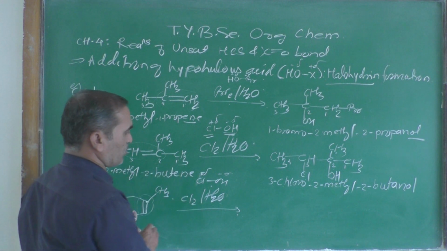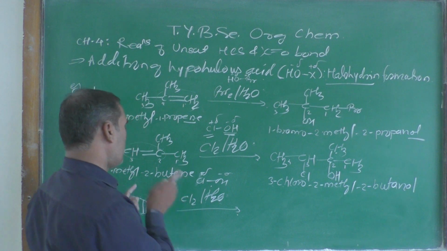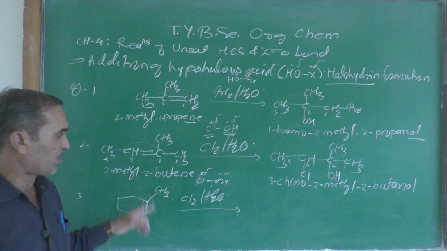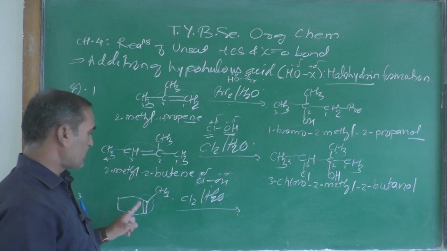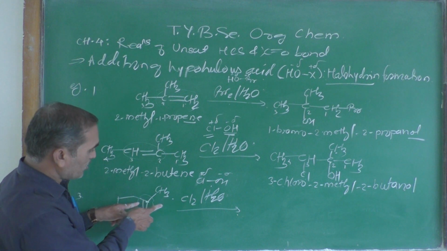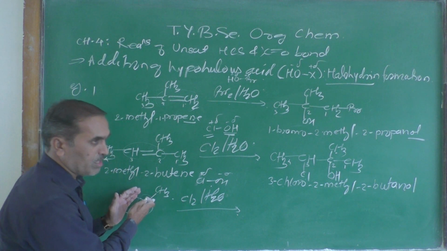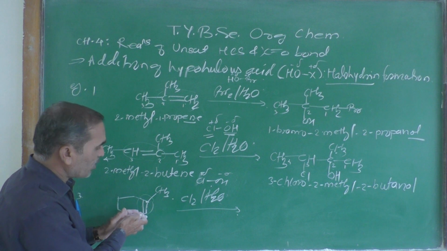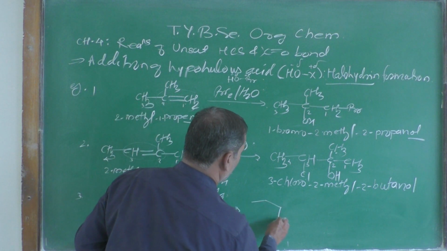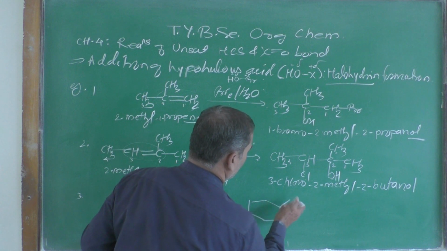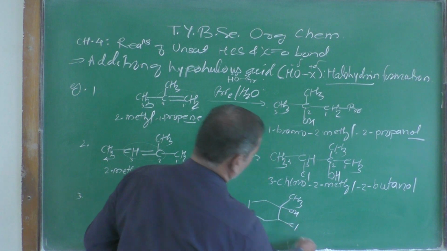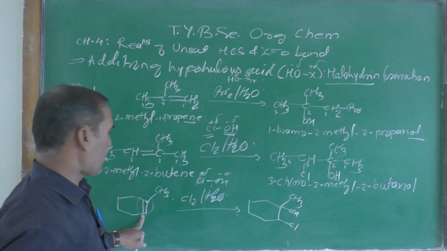What does Markovnikov's rule tell us? The negative part of the reagent or addendum attaches to that carbon atom which carries fewer hydrogen atoms. Look, this carbon atom has no hydrogen atom, here is one hydrogen atom, and therefore the product should be this one, with CH3 and OH here, and Cl here. Look, this is the product.